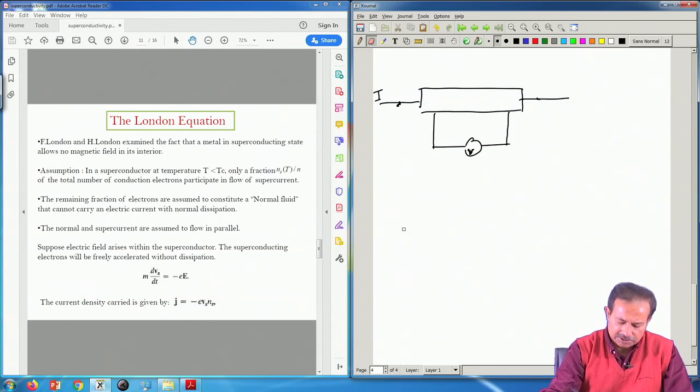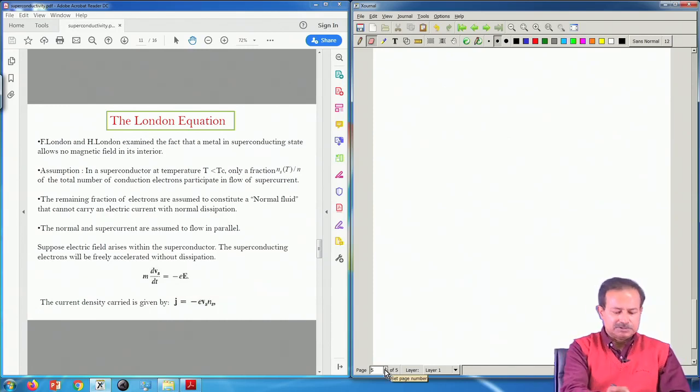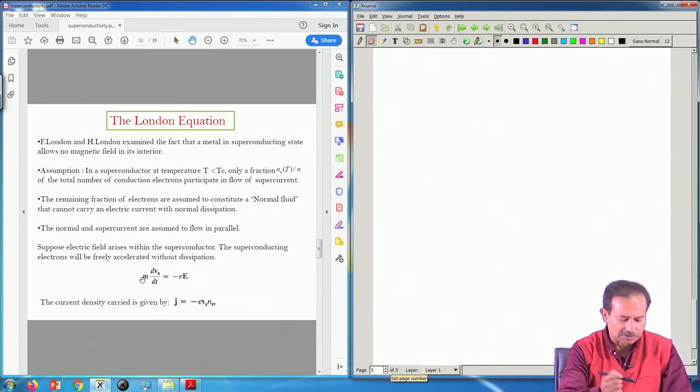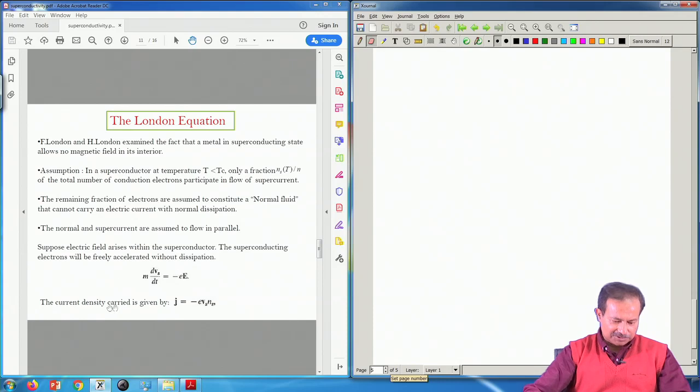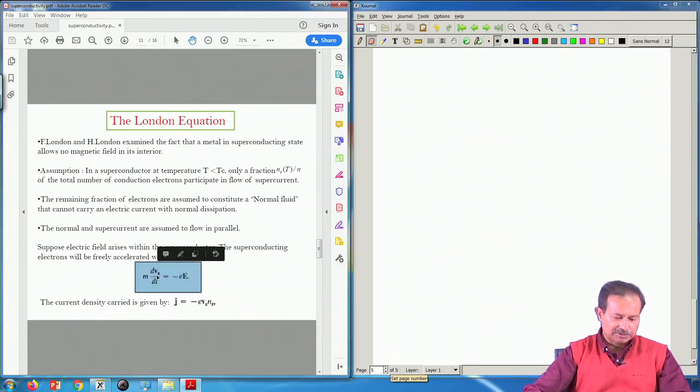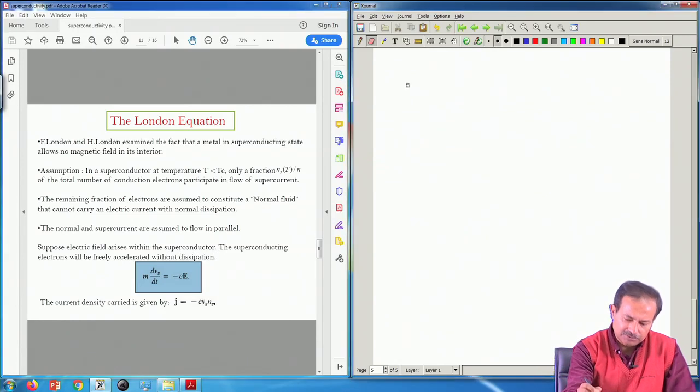We are starting to do this again. Let me just show you what we did. This is the London equation, and this is not the London equation. This is the equation from Drude for transport, with the caveat that tau goes to infinity.